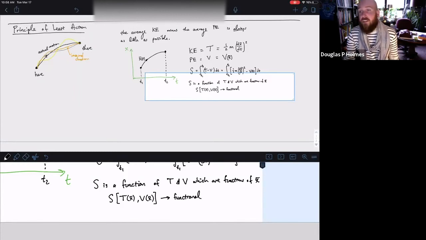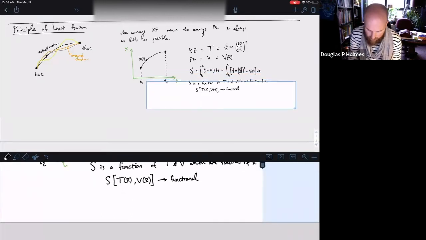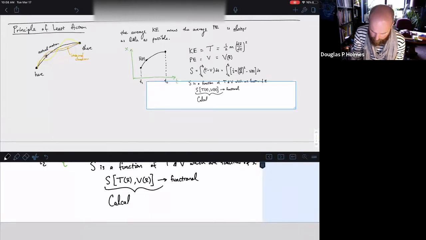We need new calculus. This actually led to the development of an entirely new branch of calculus called the calculus of variations.